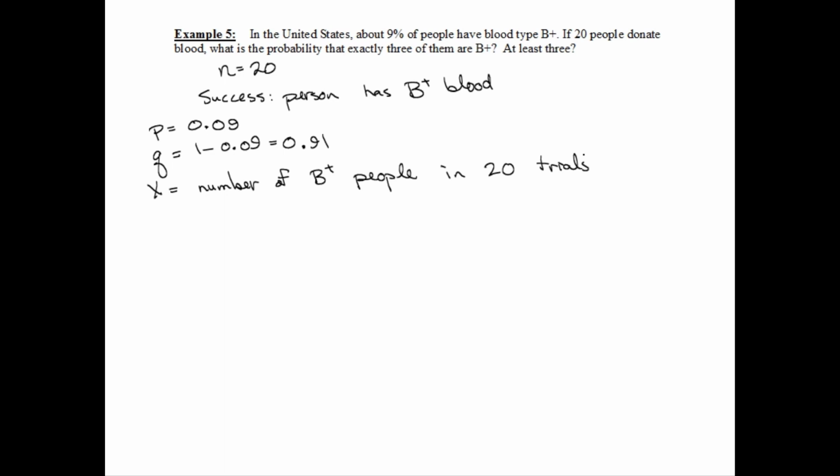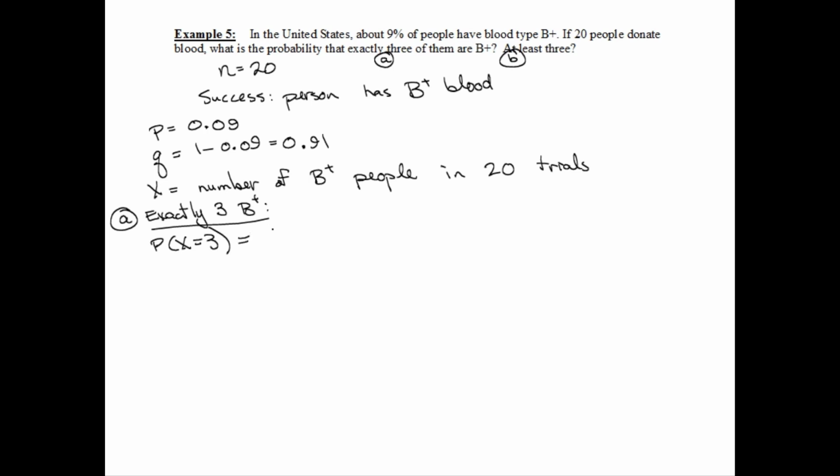Okay, so we're going to tackle this in 2 parts. Let's look at the exactly 3 being B positive first. We'll call that part A, and then we'll call this other part B. So here in part A, we want to figure out the probability that exactly 3 are B positive. So that means our number of successes will be exactly 3.